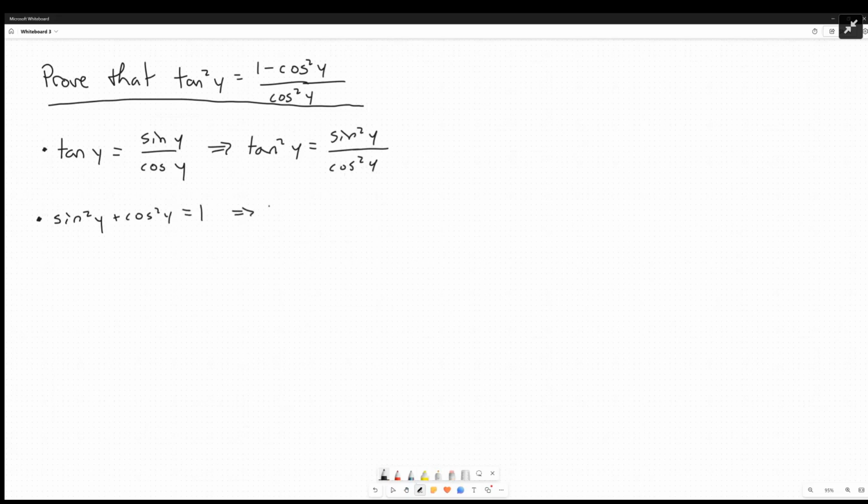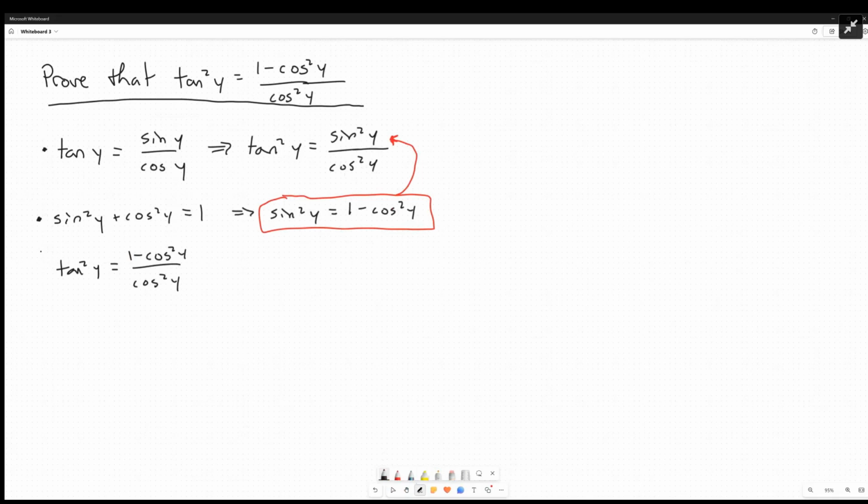Then solving for sine squared, we get that sine squared of y equals 1 minus cosine squared of y. So now, if we plug in our expression for sine squared into this equation up here, we'll get the result. It's immediate from this: tan squared of y equals 1 minus cosine squared of y over cosine squared of y.